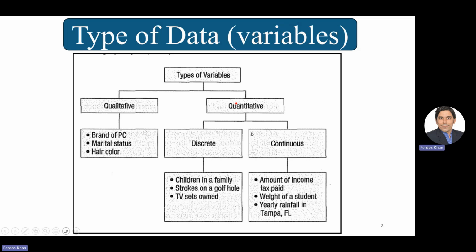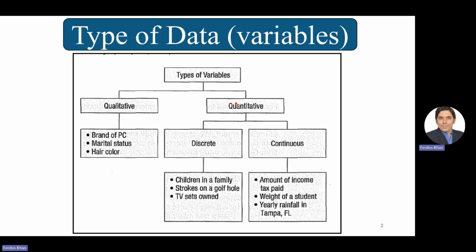A quantitative variable can be divided further into two types: discrete variable and continuous variable. A discrete variable is a variable where there is a jump in the values, like a variable which can take values 0, 1, 2. There is an obvious jump from 0 to 1, 1 to 2, 2 to 3, and so on.